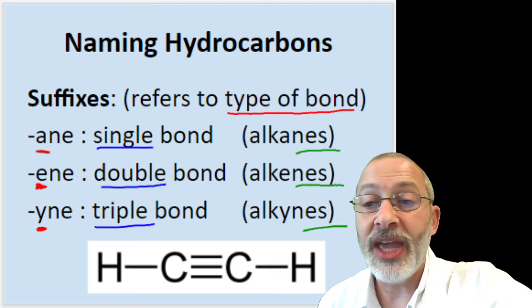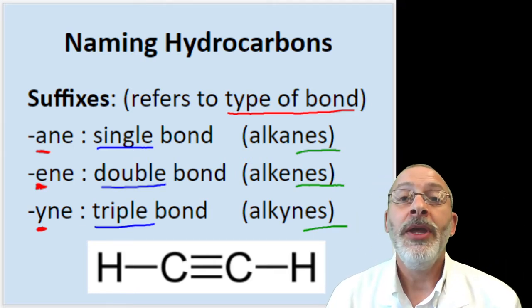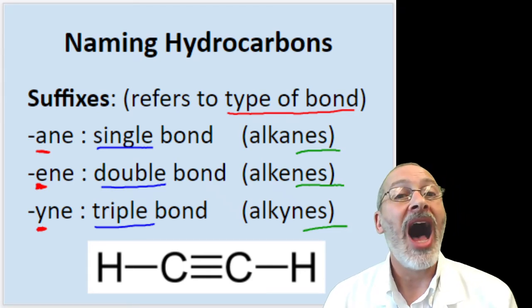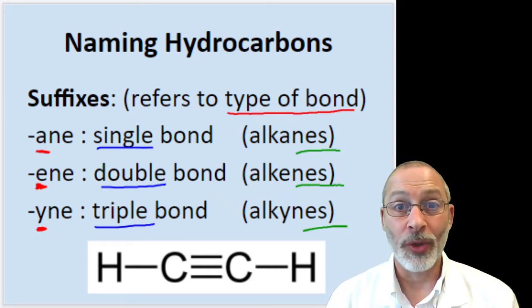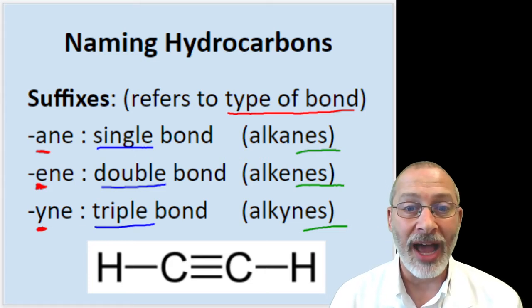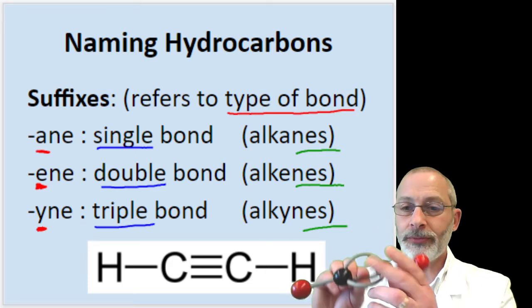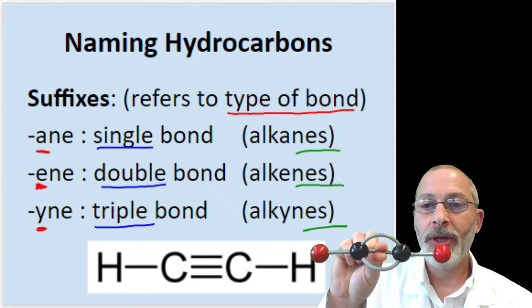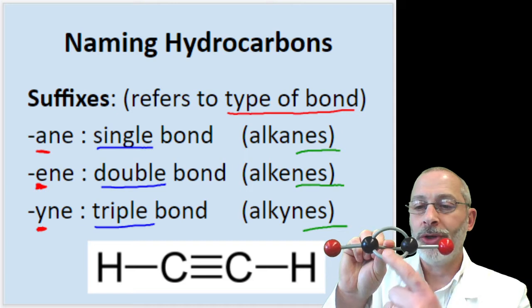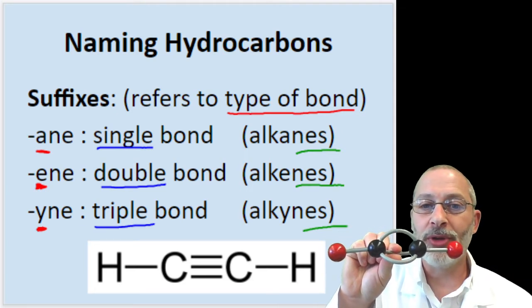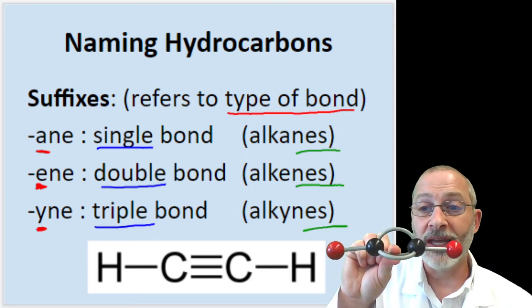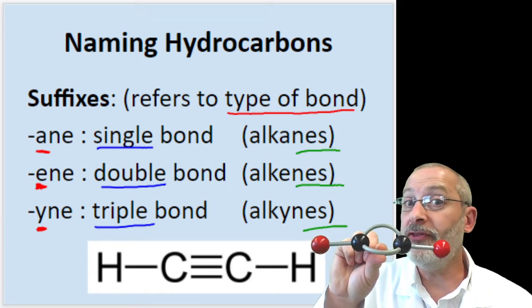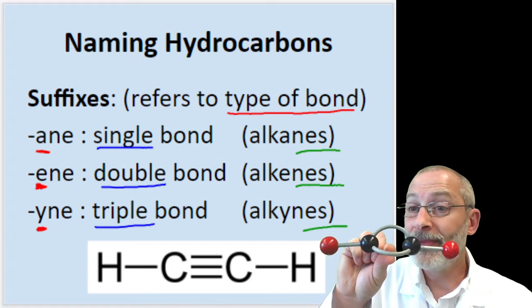That brings us to the third type of bond, which is a triple bond. And we abbreviate a triple bond by using the letters y-n-e, or yne. The y is pronounced like a long i. So here's a model of a triple carbon bond, 1, 2, 3, and this would be abbreviated with the suffix yne. Now again, there's only two carbons, so what prefix would we use?